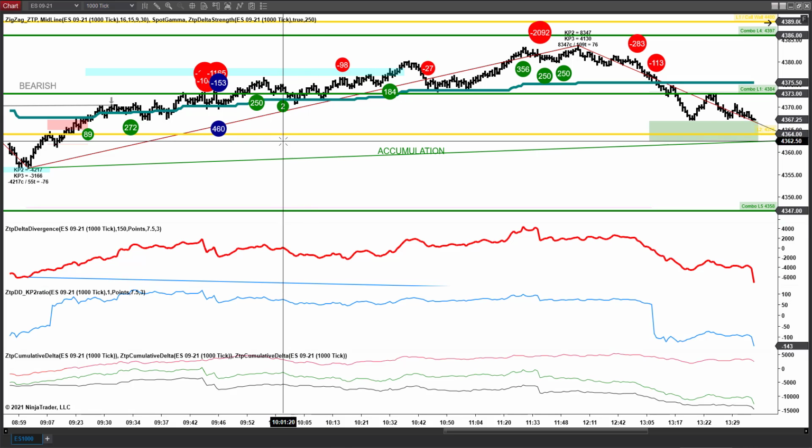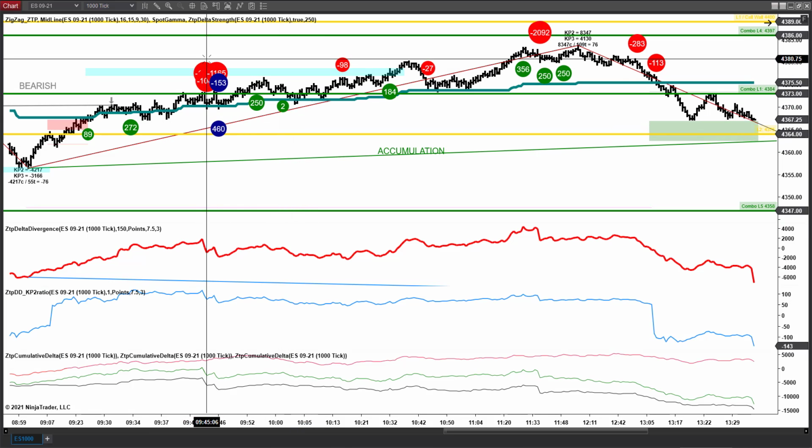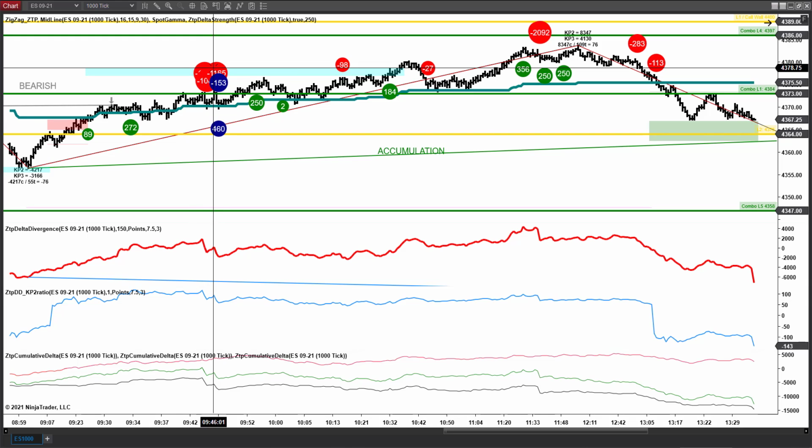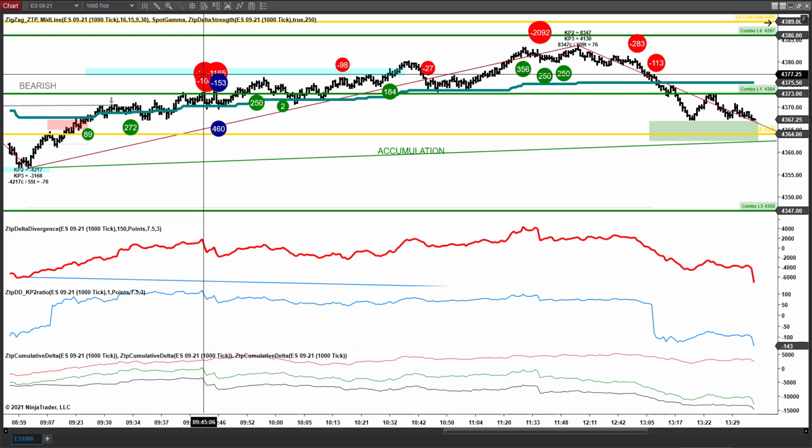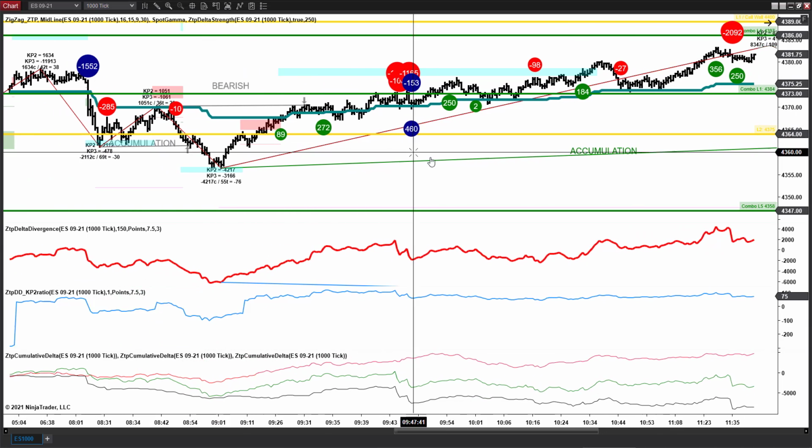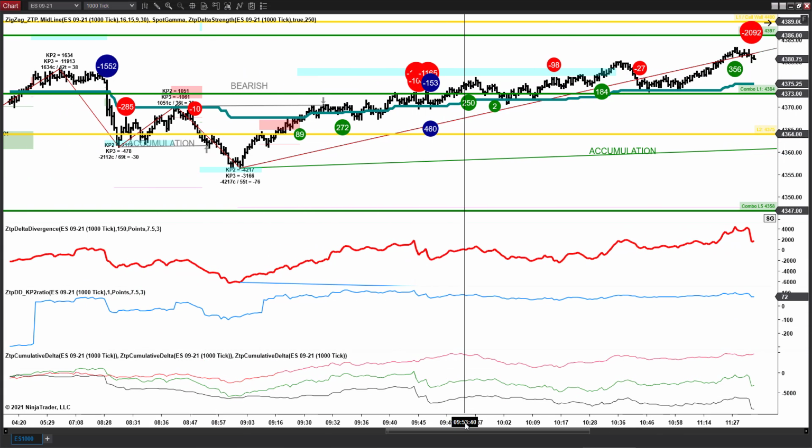Here's a look at my larger time frame chart, which has my delta strength indicator on, and the delta strength indicator is picking up individual large trades. On the open at 9:45, we saw a huge amount of short market orders going off right here, over 3,000.